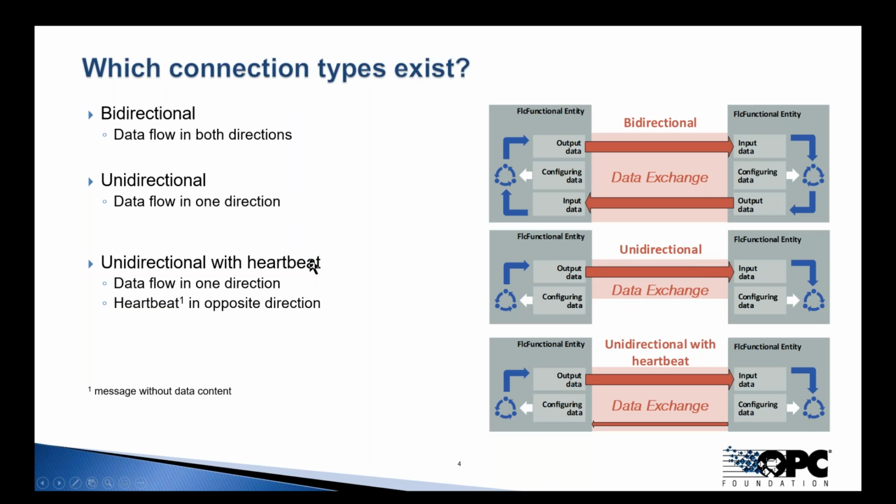We introduced a third connection type, which is unidirectional with heartbeat. What does that mean? It's the same as the unidirectional scenario, data flows in one direction, but you get back a message without the data content.